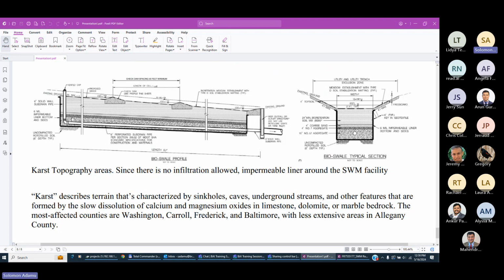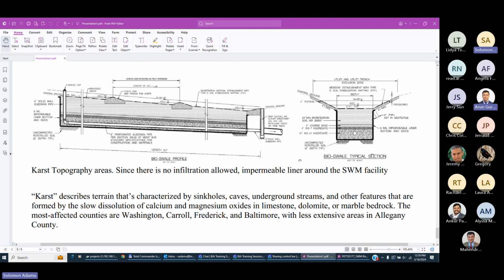That means we have to put an impermeable liner around. If we have to design a stormwater management practice there, we have to cover it with impermeable liner because we are not allowed to infiltrate in that area.